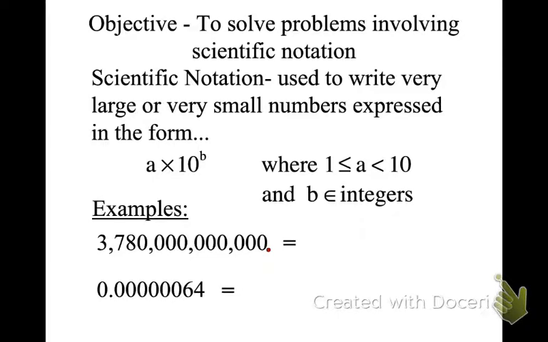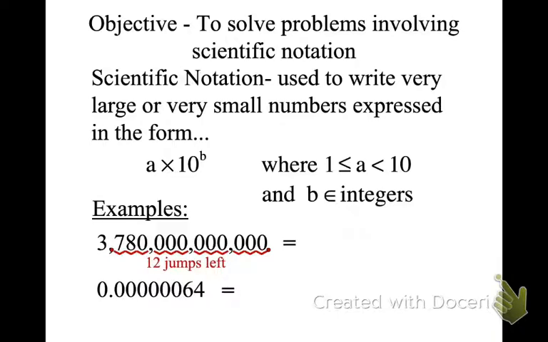Okay? So to put it into scientific notation, we have to turn this number into a number between 1 and 10. Where would that decimal be placed? Okay, Bryce. After the 3, between the 3 and the 7. So that means it's going to have to jump 3, 6, 9, 12 times.